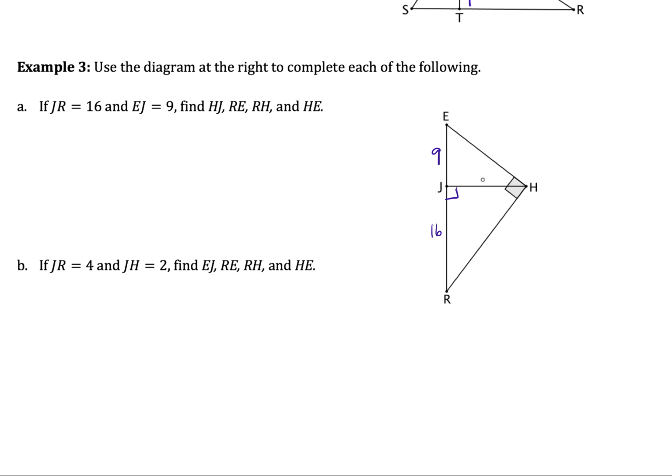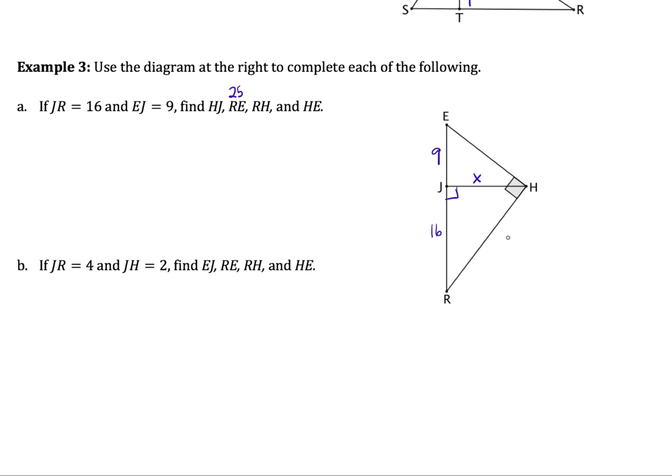And we are supposed to find HJ, we'll put an X there. RE we actually know right away because RE is the length of the hypotenuse, and we should be able to add the 9 and the 16 together to get RE. So let's put a 25. We know that RE is 25. We'll put that right there.